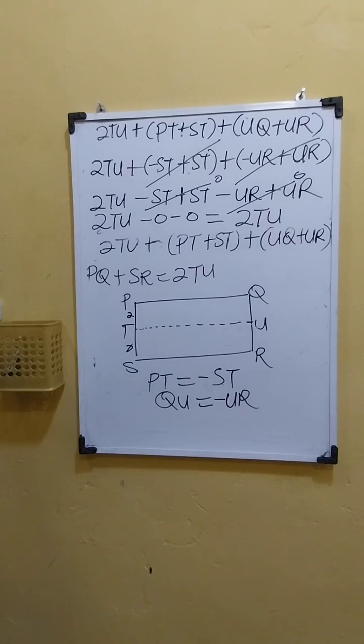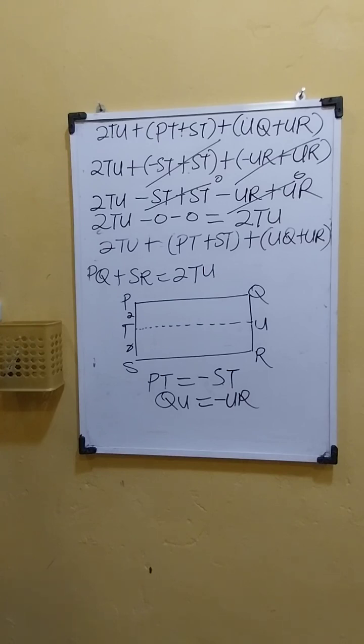Okay, about this, I'm bringing up this diagram again. You did something like PT equals minus ST. Then you came here and QU equals minus UR. So for this PT, you use PT equals minus ST, which is starting from the S down to the T. Then here you are starting from the U down.